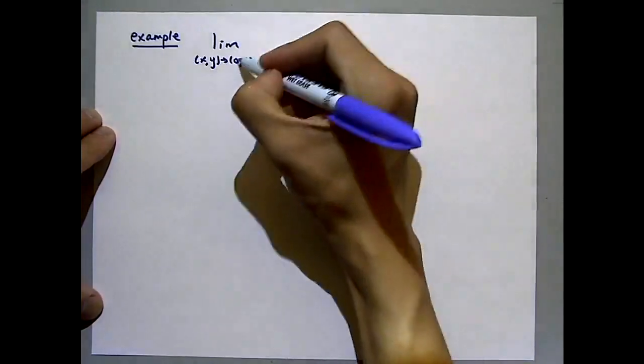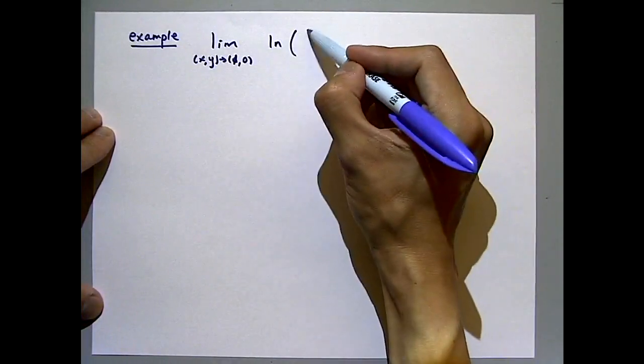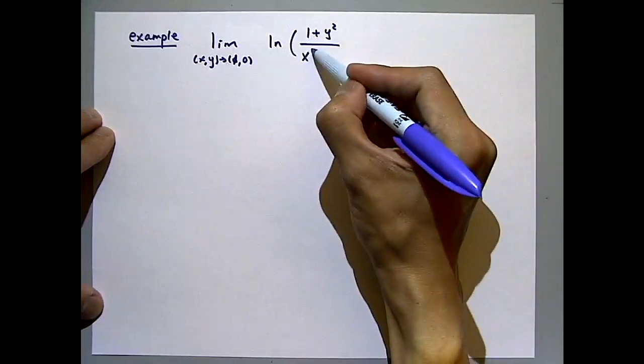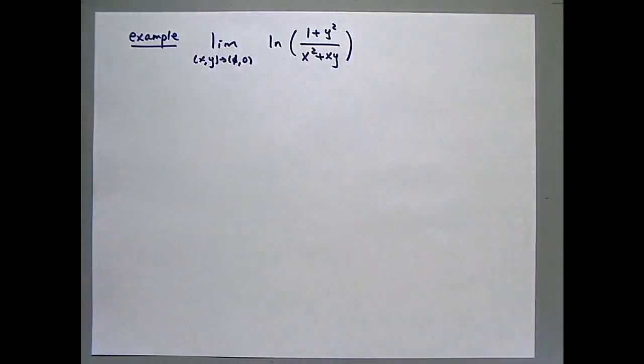Let's check out this one. Let's make this 1, 0, and the function is natural log of 1 plus y squared over x squared plus xy. All right, so we got a natural log function.